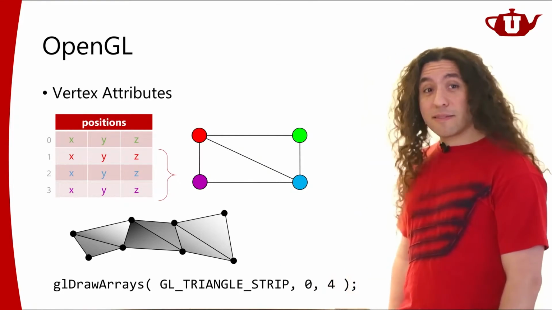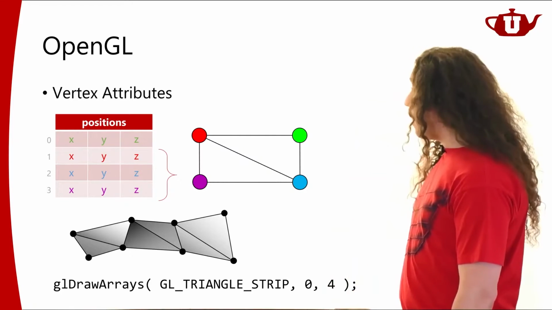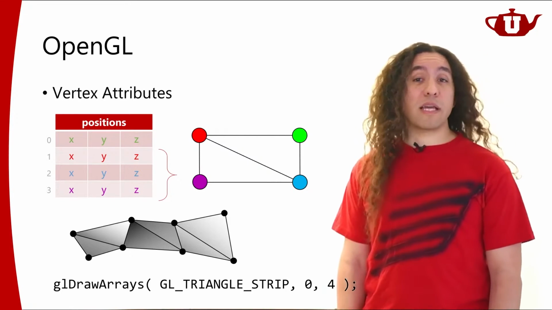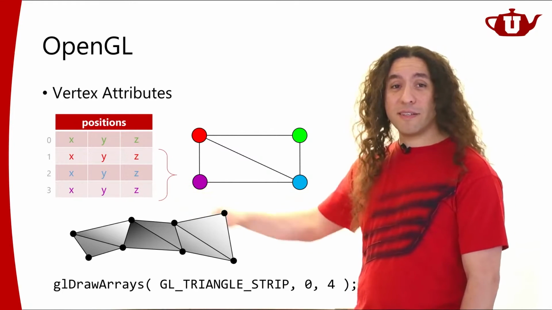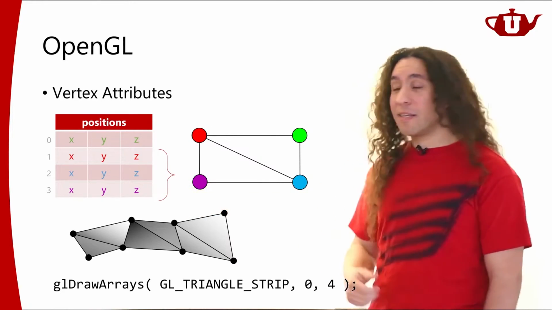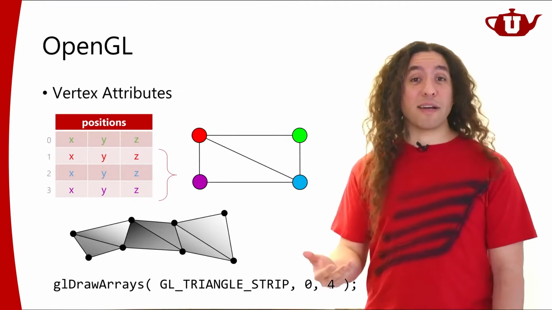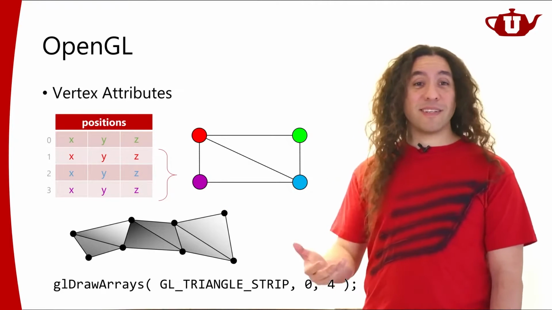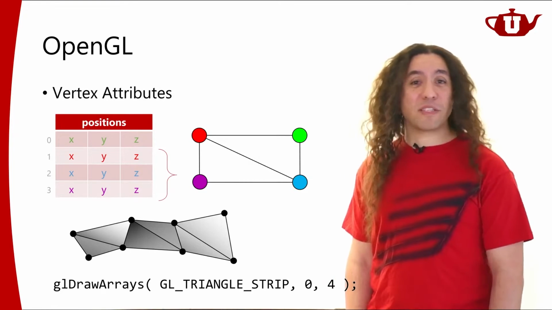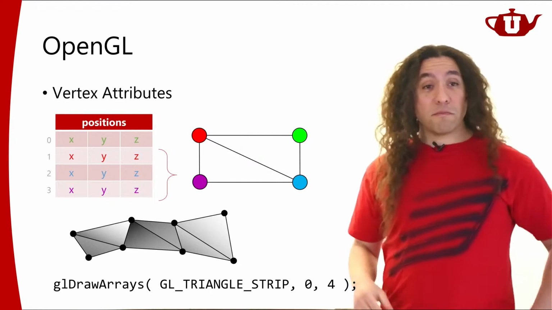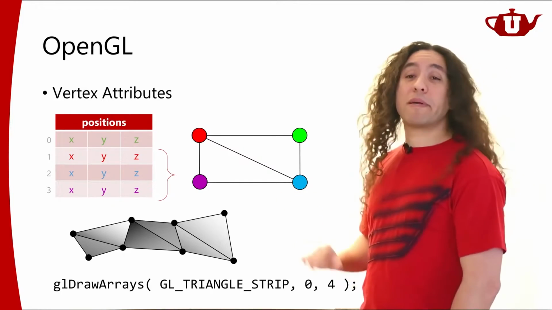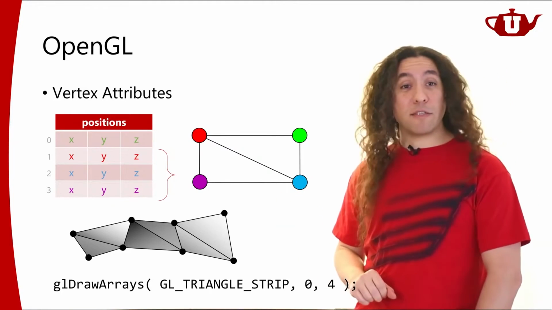Now this is, as you can see, more efficient than just using indices, because every single vertex I add is forming a new triangle, which is a lot more efficient than just looking at 3 vertices. So this is probably the most efficient way of rendering stuff.